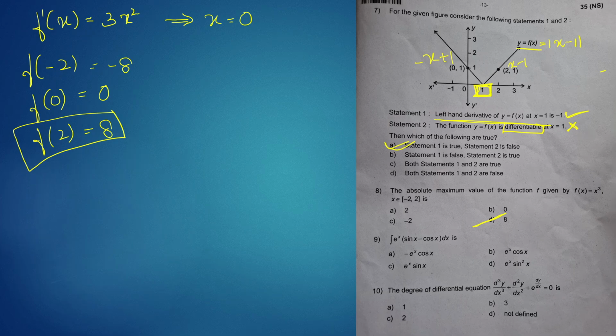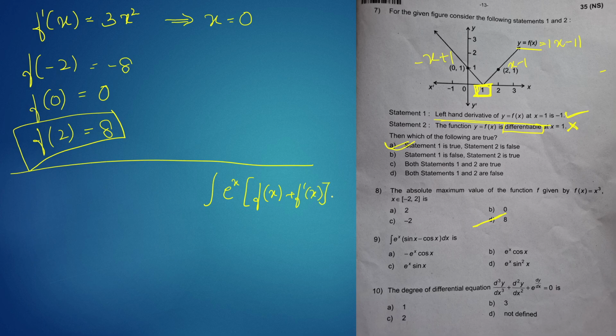Next, ninth one. For that, we have to use the formula integral of e power x into f of x plus f dash of x dx, which is equal to e power x into f of x plus c. Now look at the question. This is not directly in the form of e power x into f of x plus f dash of x. To convert it into that form, let us take minus common.